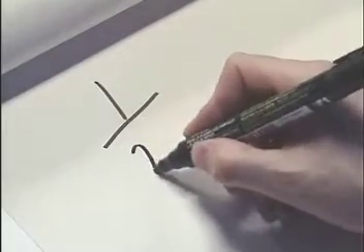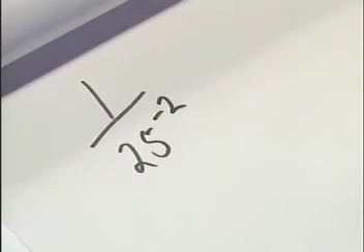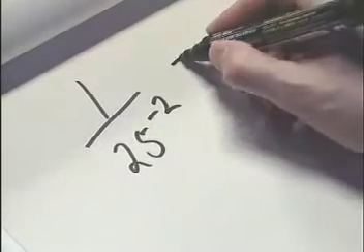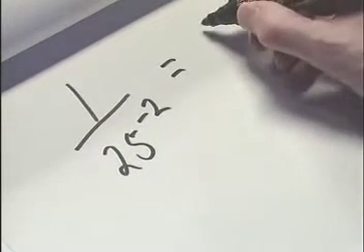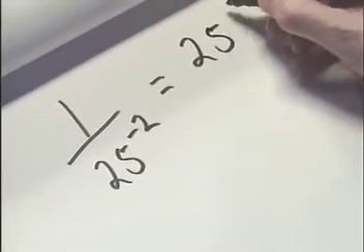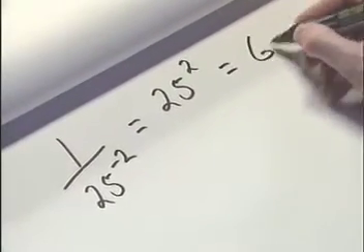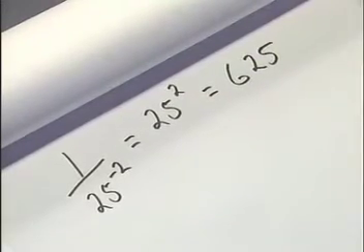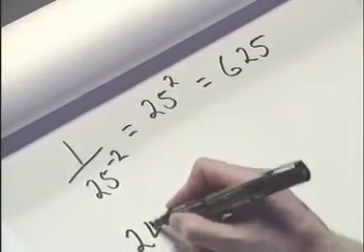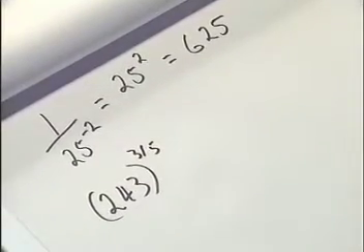We take 1/25 to the minus 2. Well, remember we saw what happened with the 1/7 to the minus 2. This became 25 squared. And that is simply 625. 243 to the 3/5.